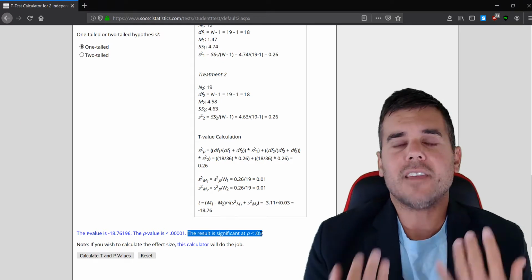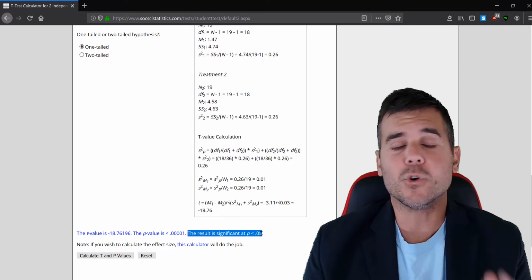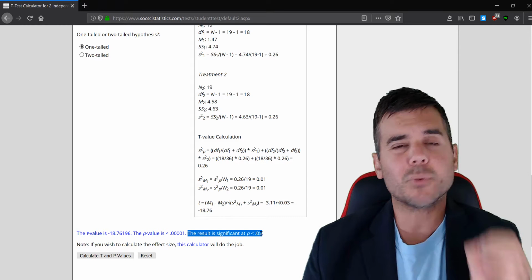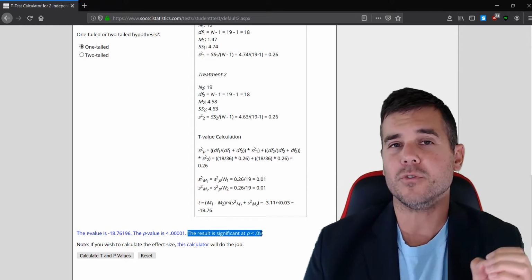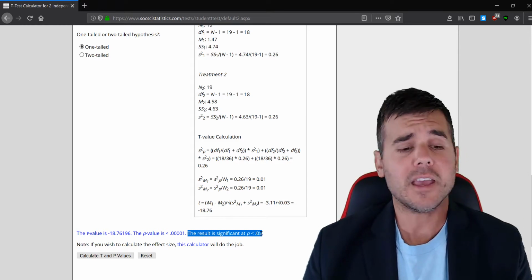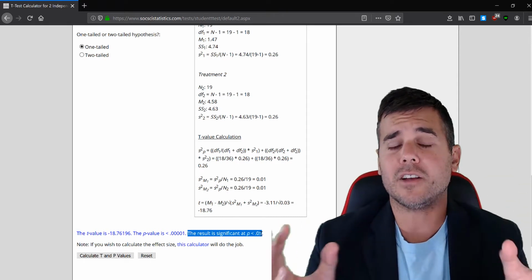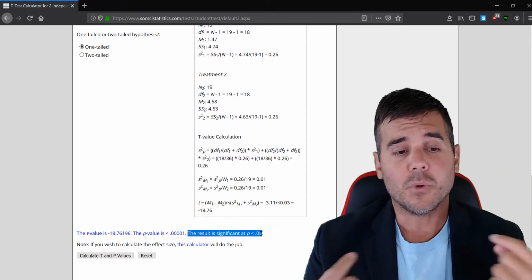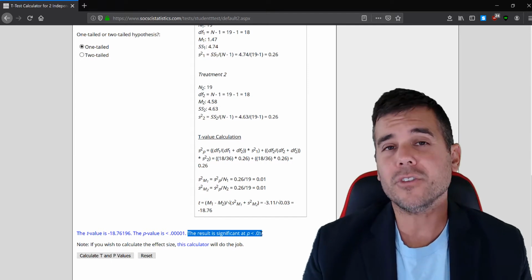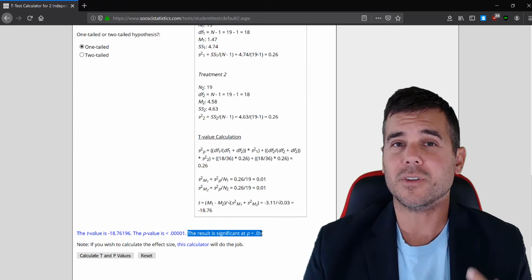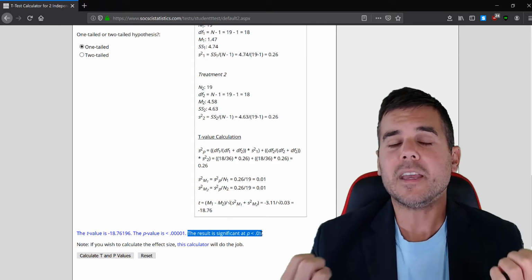Now, when I say something is significant, I'm not proving anything. Statistics doesn't prove. So I'm never setting out to prove something. What I'm doing is I'm looking at this data, I'm eyeballing it, and it looks like there's a significant difference here. When I run it through a t-test, it's also telling me there's a significant difference. So it seems like I'm making a good case.